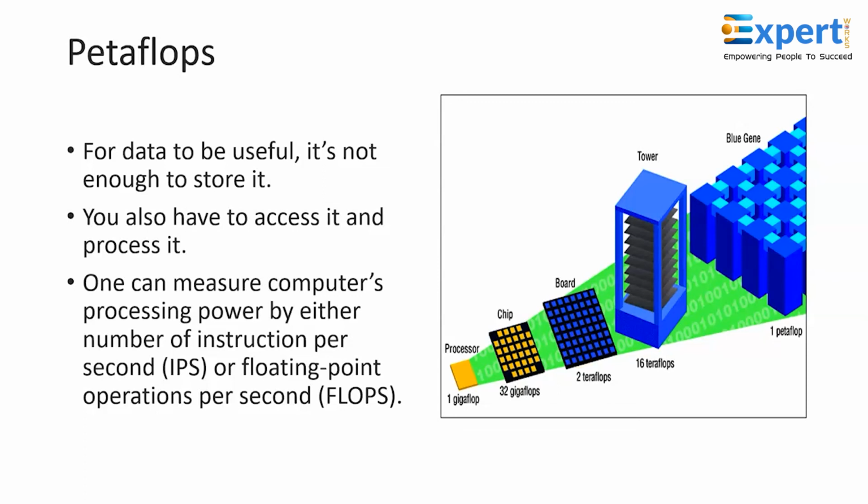So the kind of processor that we are having right now on our computers is gigaflops. Now to access and process huge amount of data, you need petaflops of power. That is 1,000 teraflops should be there.